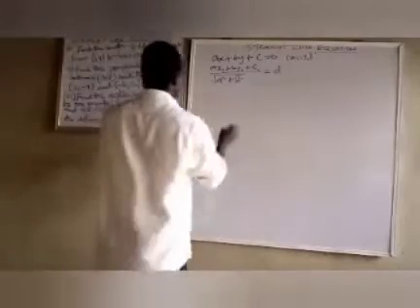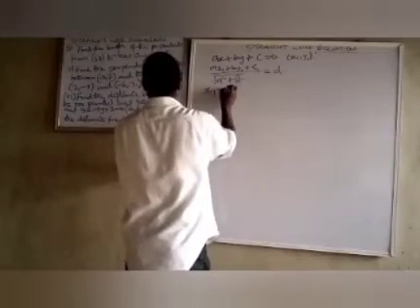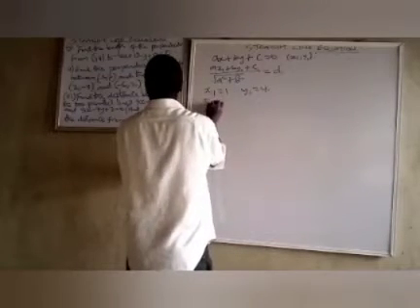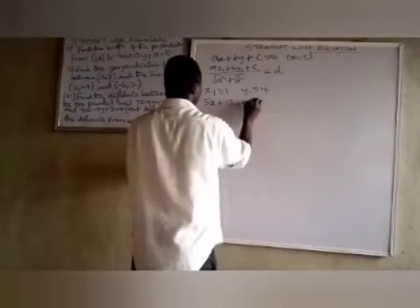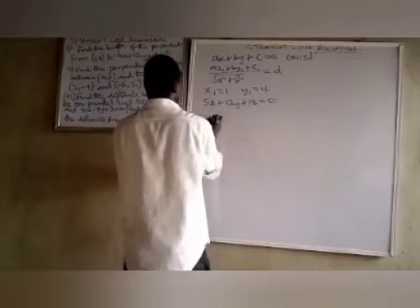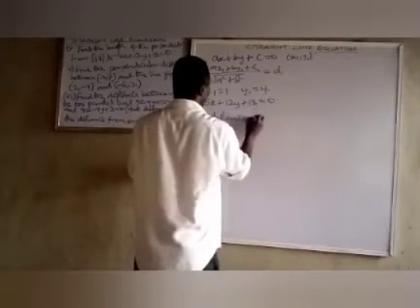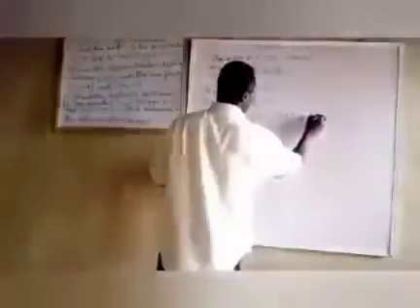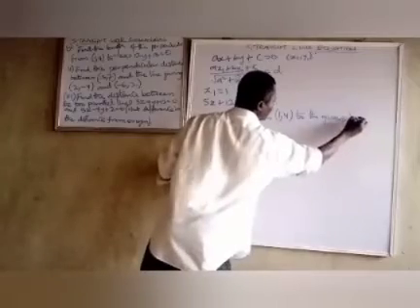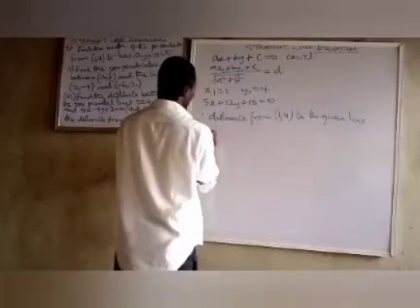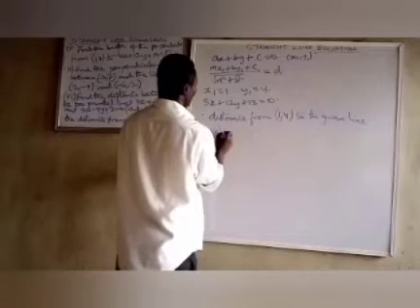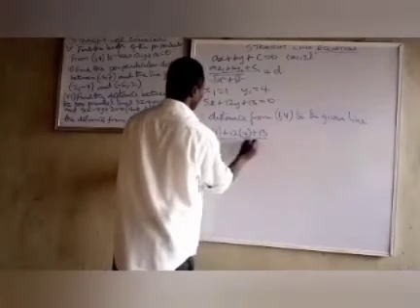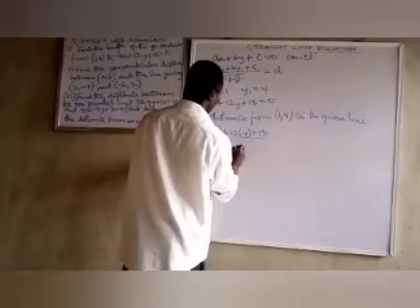So for this one, we have x1 equal to 1 and y1 equal to 4, and our equation is 5x + 12y + 13 = 0. Therefore, the distance from (1, 4) to the given line is 5 into 1 plus 12 into 4 plus 13 over the root of 5 squared plus 12 squared.